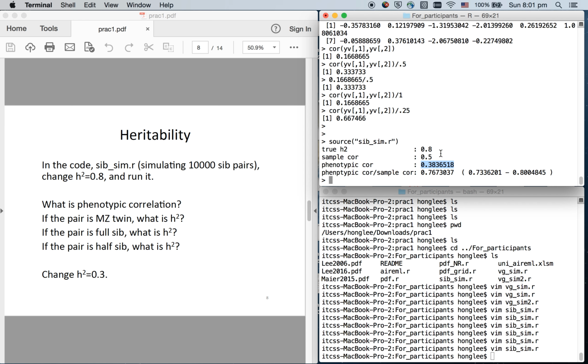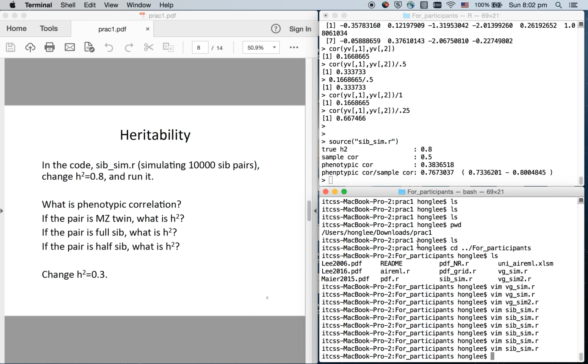That would be expected, because when you use high heritability, the phenotypic correlation can increase. It is a function of heritability as well as sample correlation. Now the estimated heritability is 0.76. This is the confidence interval, and it includes the true heritability, right? So the estimation is pretty accurate, and it is covered by the confidence interval.